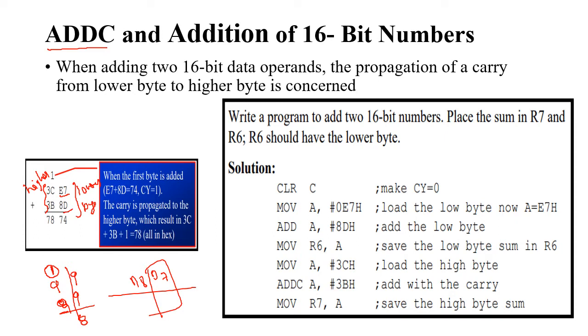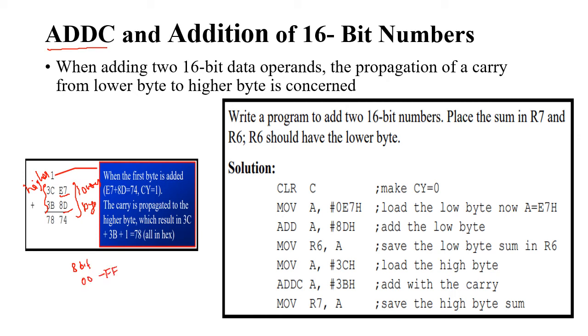The same thing happens here. The registers present in the 8051 are capable of holding 8-bit information. That means the maximum number a register can hold is 8 bits in size, that is 00 to FF.